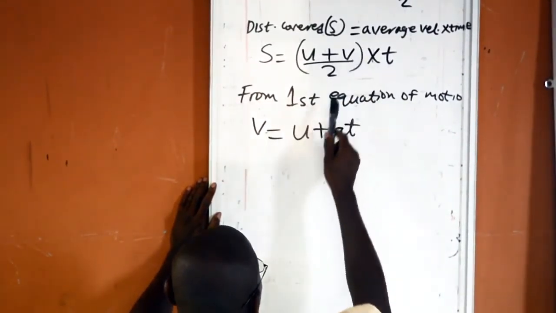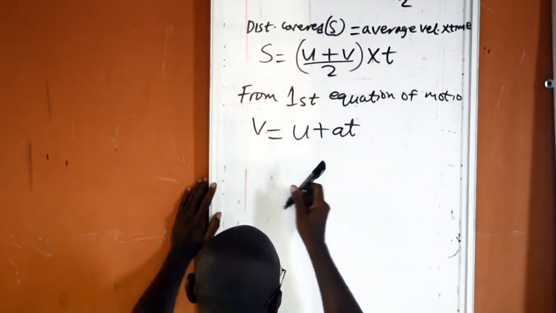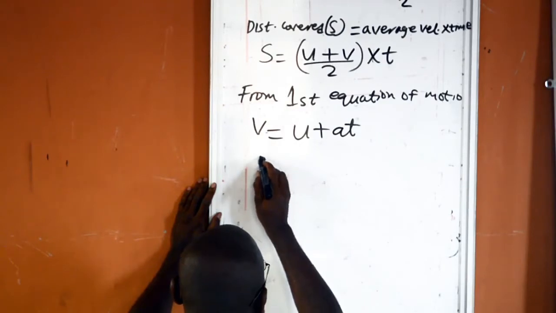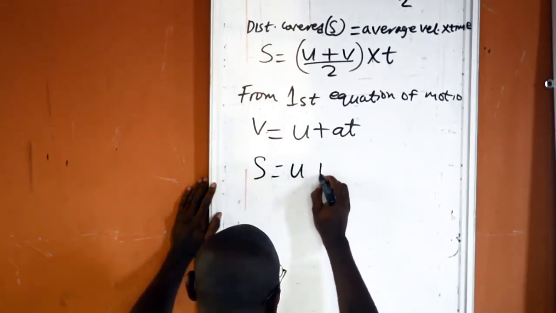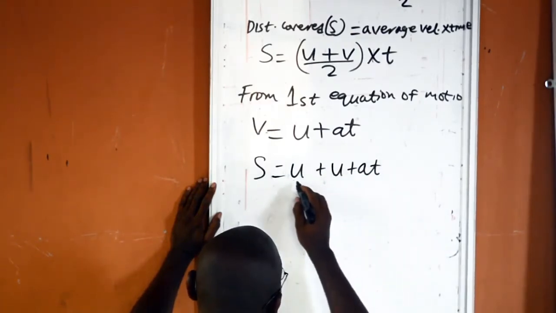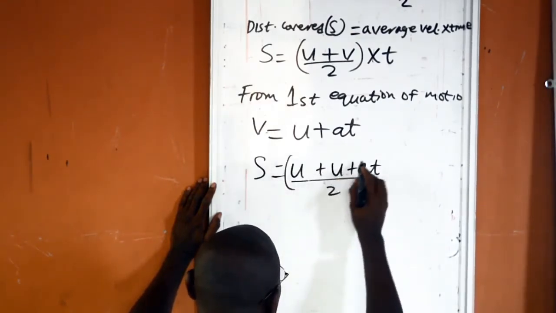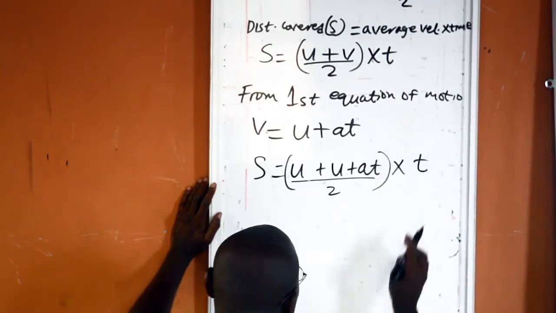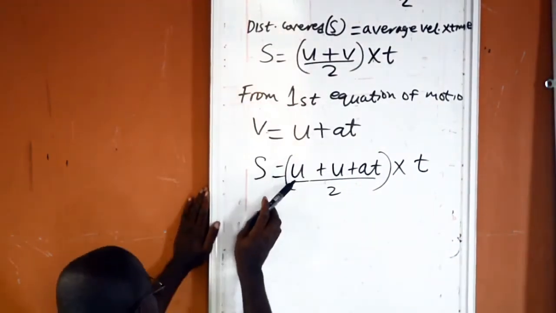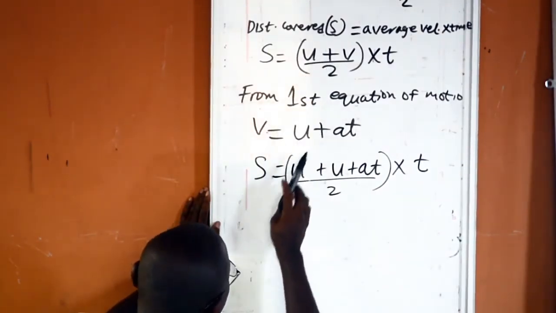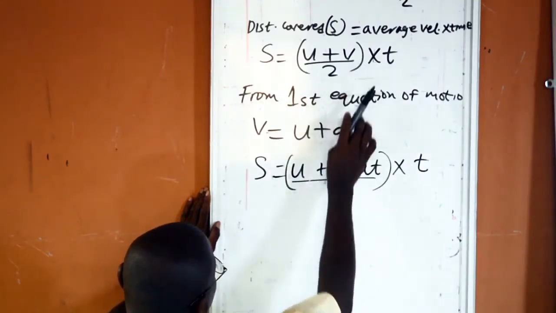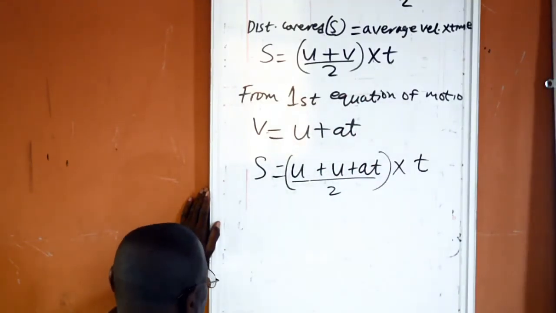Anywhere we see V, we are going to replace it with U + AT. Therefore, this equation will become S = (U + U + AT) over 2, multiplied by T. This U is this U, plus V, which is U + AT. This 2 is this, multiplied by T.